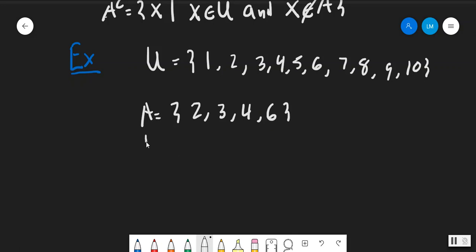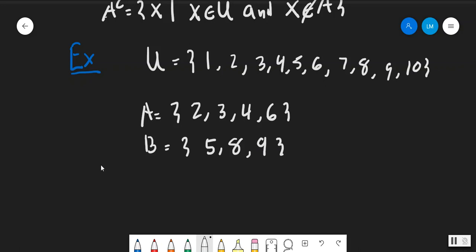And then let's say that B is the set of elements 5, 8, and 9.